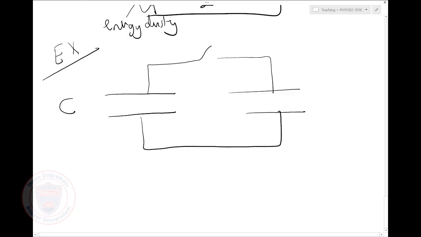Let's say I have two identical capacitors, and I put Q charge on one and no charge on the other. Then I'm going to close the circuit at time t equals 0.